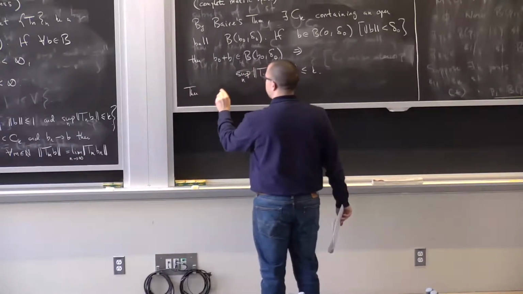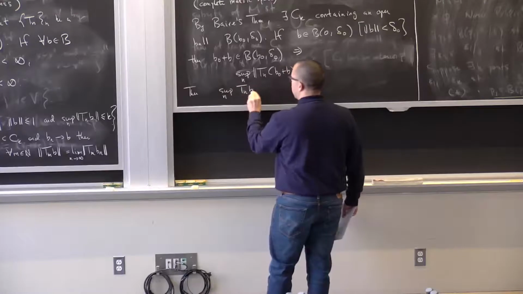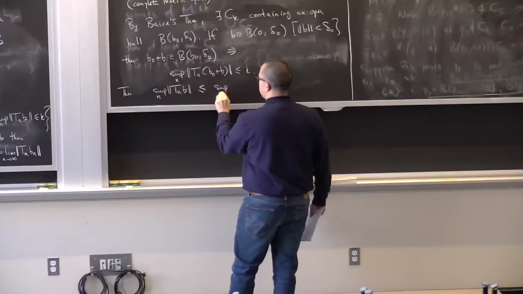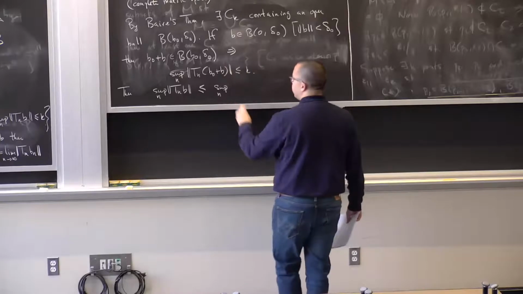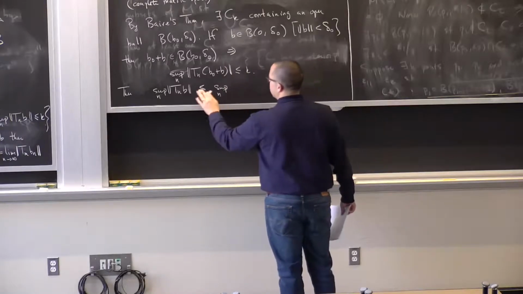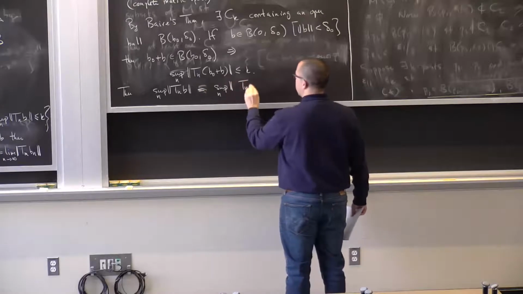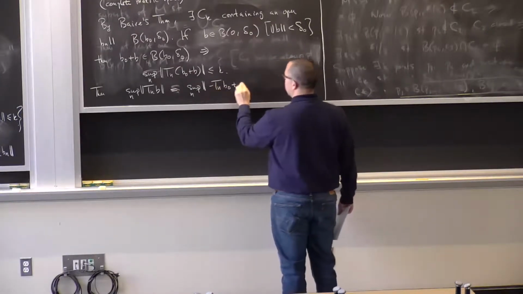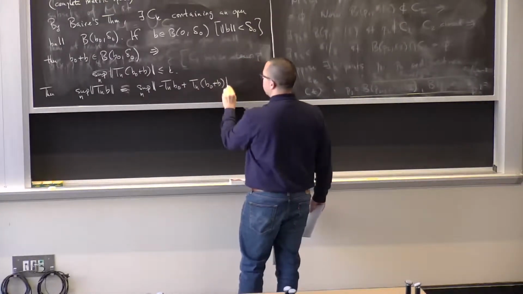But then I conclude that the sup over n of the norm of T_n applied to b, I'm going to add and subtract b_0. So let me write this as the sup of the norm of T_n(b_0 + b) minus T_n b_0.